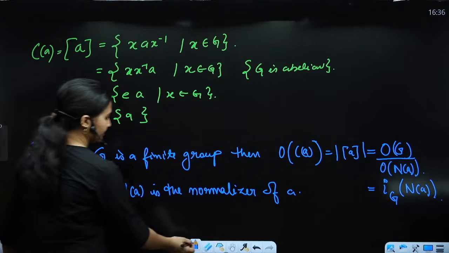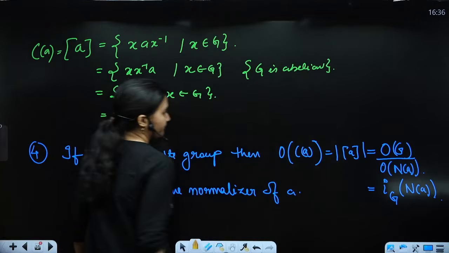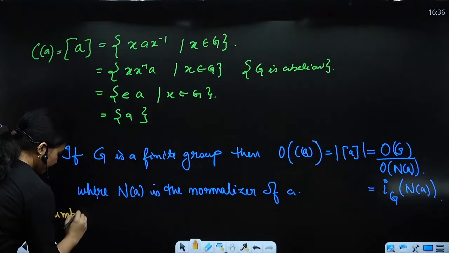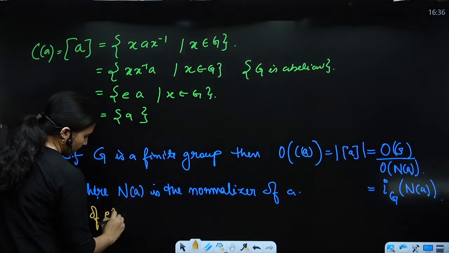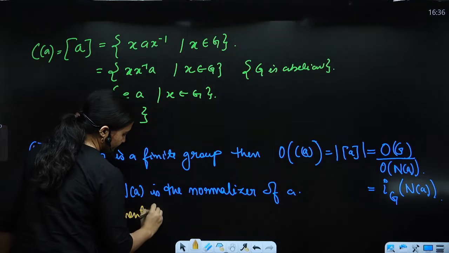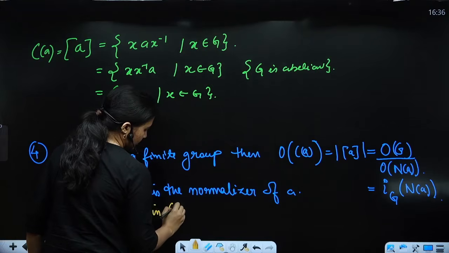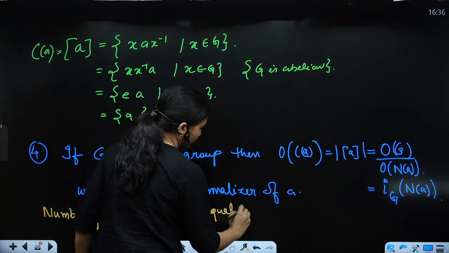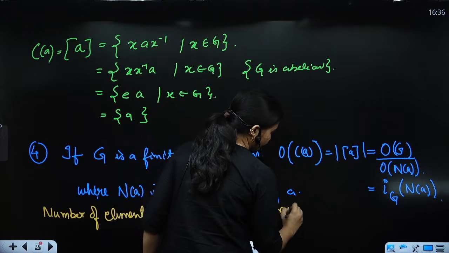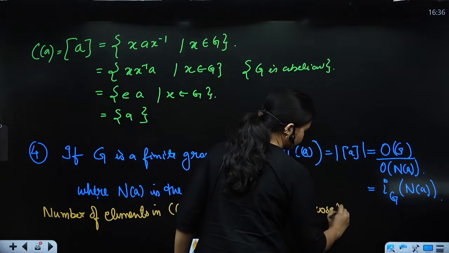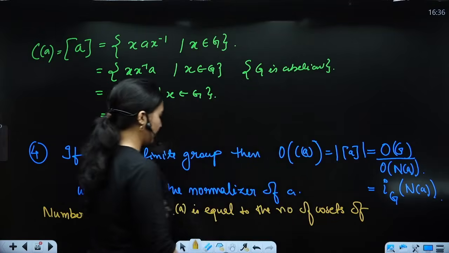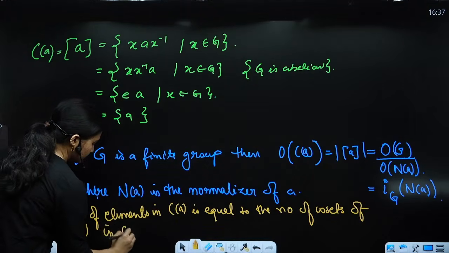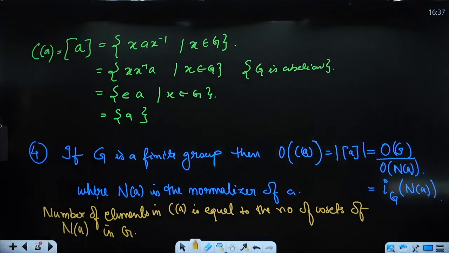Now we can write the number of elements in C of A is equal to the number of cosets of NA in G. Okay.